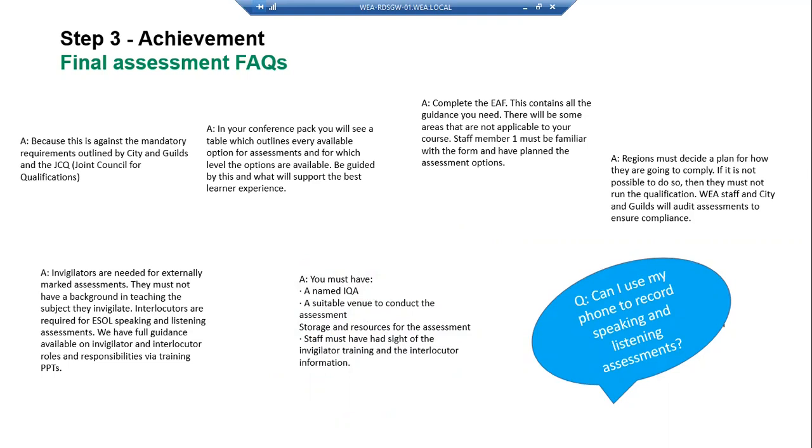Staff must have had sight of the invigilator training and the interlocutor information. So it's about pre-planning again: when you set up the course, planning how the assessment is going to actually run, and do you have the resources in place to comply with the requirements. And finally, can I use my phone to record the speaking and listening assessments? No.